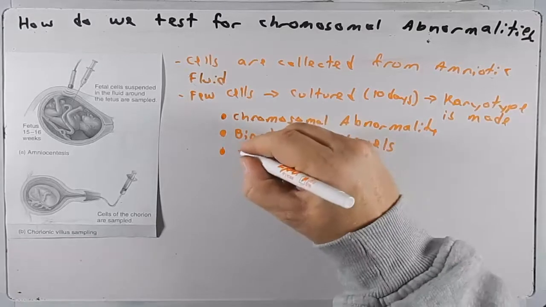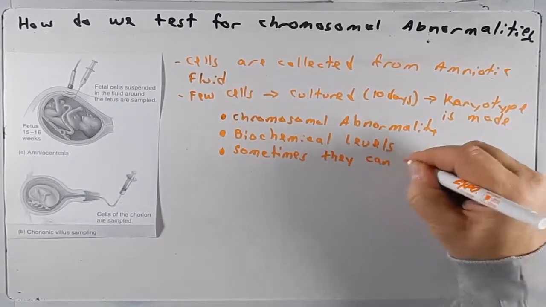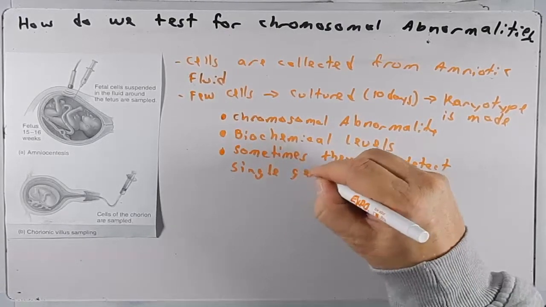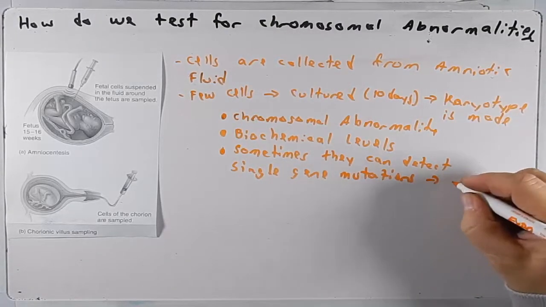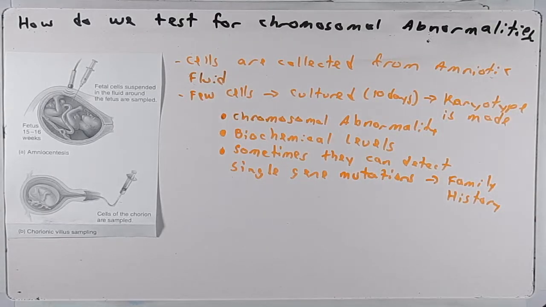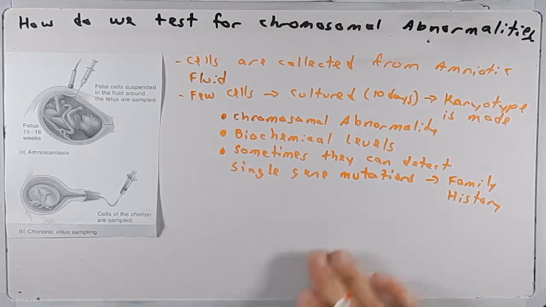Sometimes, but not often, they can detect single gene mutations. But this is usually only if there's a family history. They're not going to test everyone for cystic fibrosis, but if there's a family history of cystic fibrosis, or you know both parents are carriers, then maybe they would check for that single gene mutation.